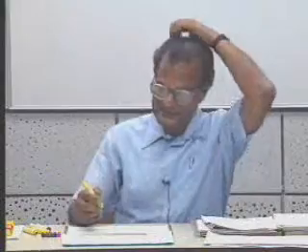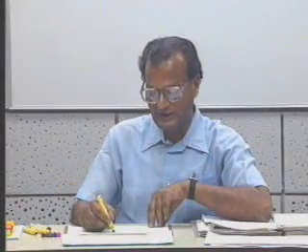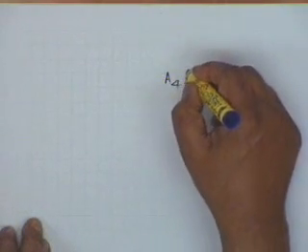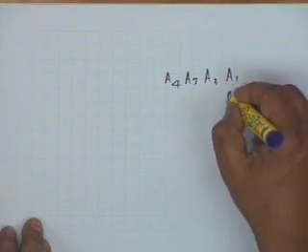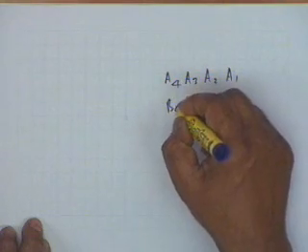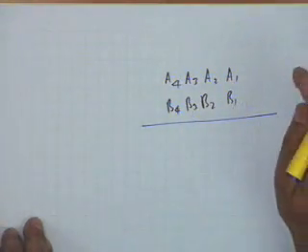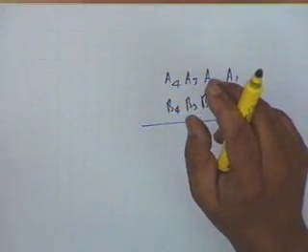Therefore, if I have, let's say, a 4-bit number to be added to another 4-bit number, let's say I have A4, A3, A2, A1, B1, B2, B3, B4. How many half adders shall we need? Just one.